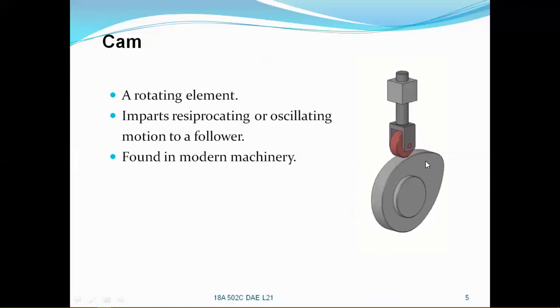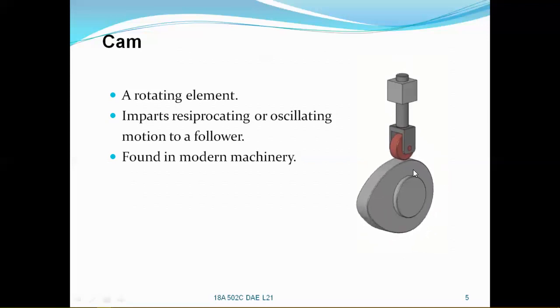Due to this difference, this roller follower is reciprocating vertically within the supporting frame. This is called the frame, this is the follower, this is the cam. So it is the best example of a cam mechanism.